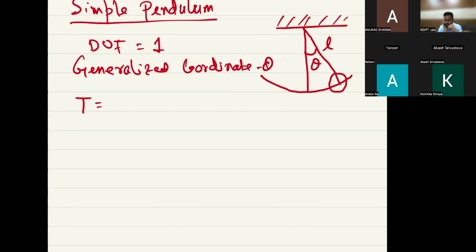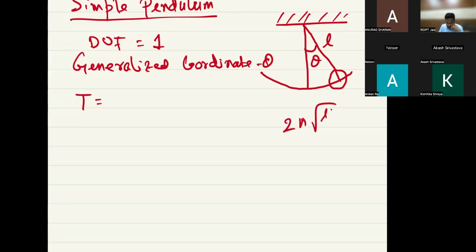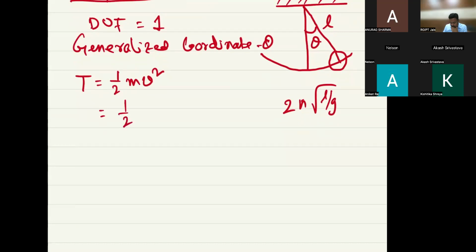So 2 pi under root L by G. Kinetic energy? Half omega r square... Yes, so basically kinetic energy is half mv square. And here half m is fine.